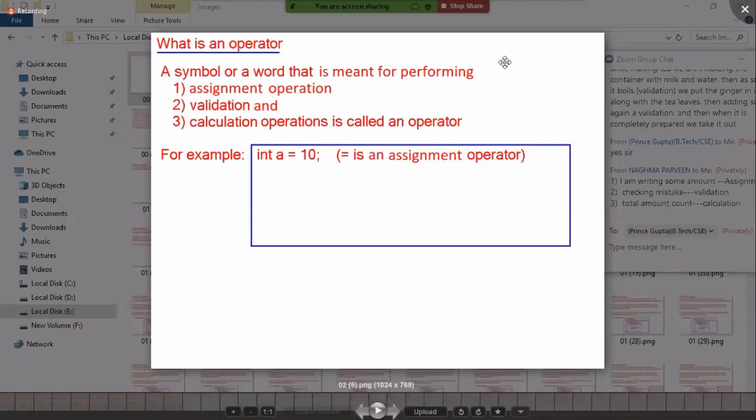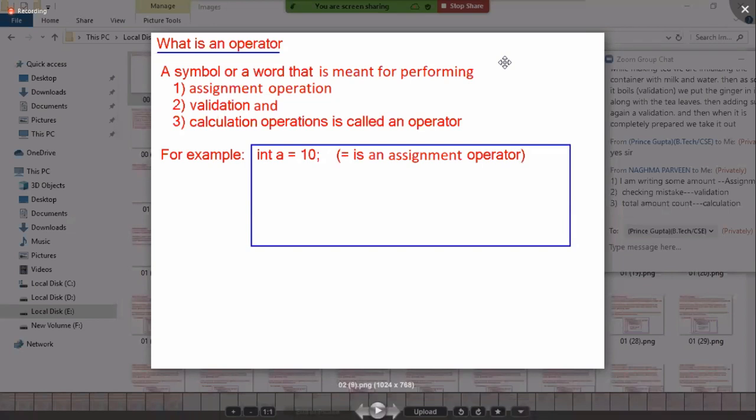Don't say it as equal to. Generally we have some wrong thought: people call int a equals to 10 as int a equals to 10. Please don't call it as equals to, because you are going to get confusion. We have the equality operator, double equals to. With a single equal to and double equal to, you have confusion.